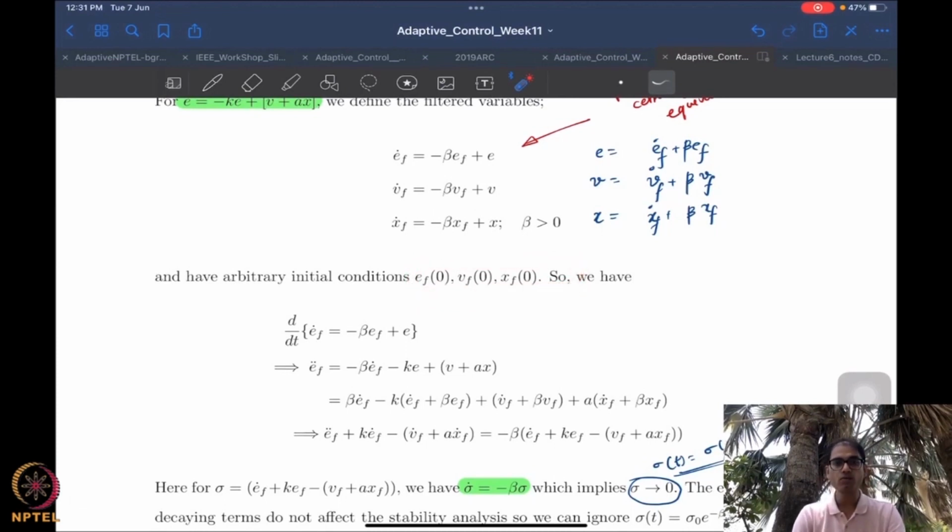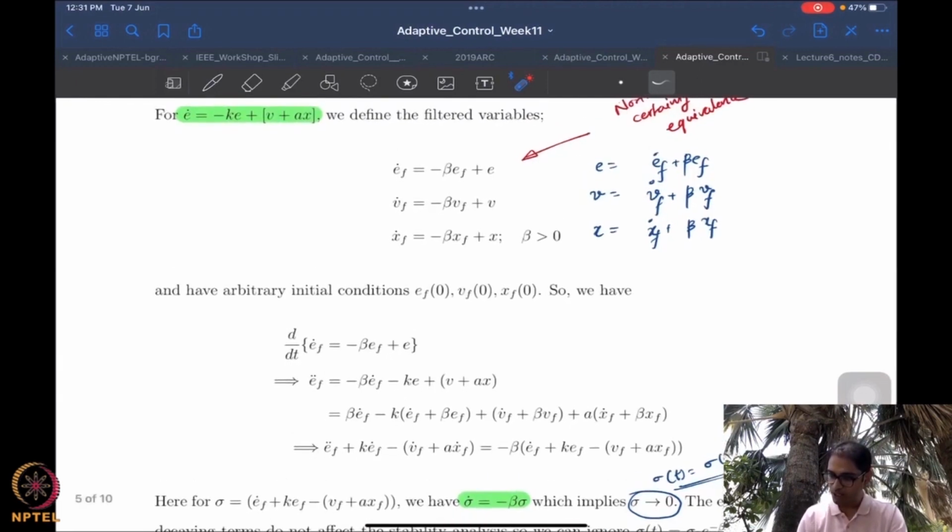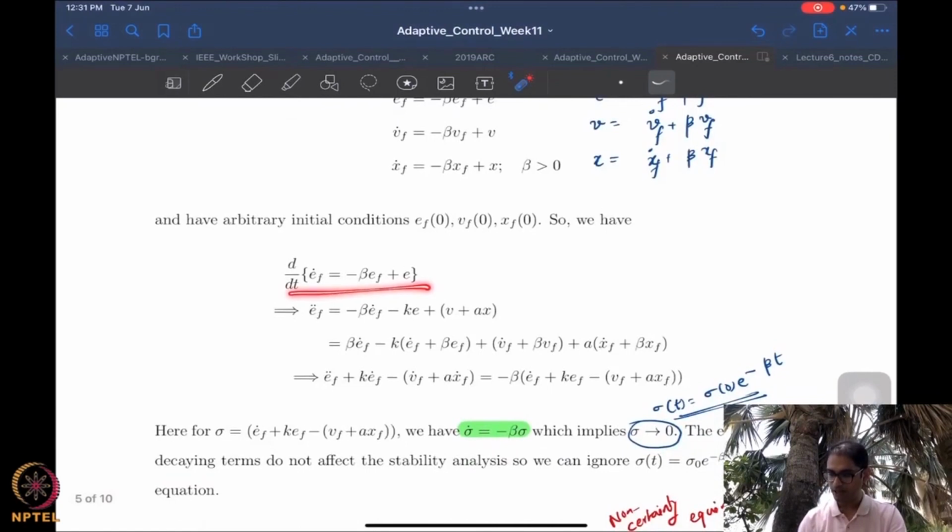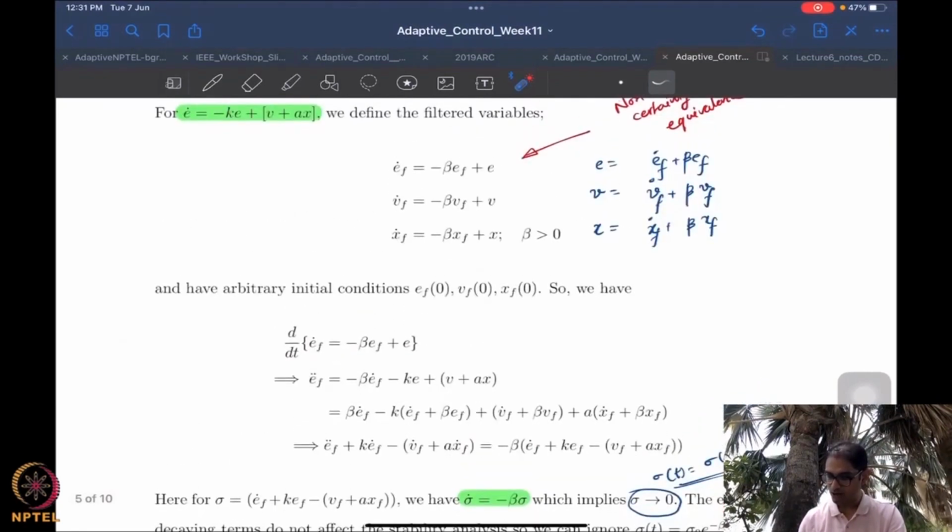And now what did we want to do? We wanted to define the dynamics in terms of our filtered variables. How did we do that? We simply took a derivative of this guy because that brings in E dot, and E dot can be substituted from here. That's simply the idea. So I take derivative of both sides of this equation right here, and then I get EF double dot, and then I get a minus beta EF dot and a E dot, and that E dot gets substituted from here, which is this guy.